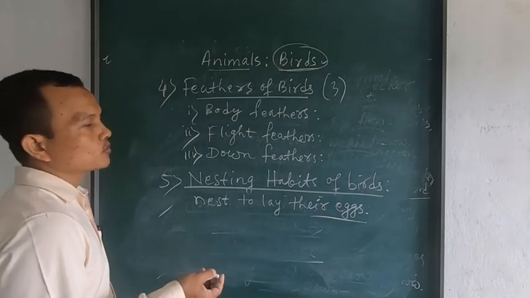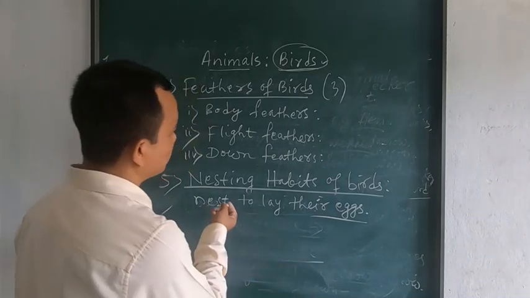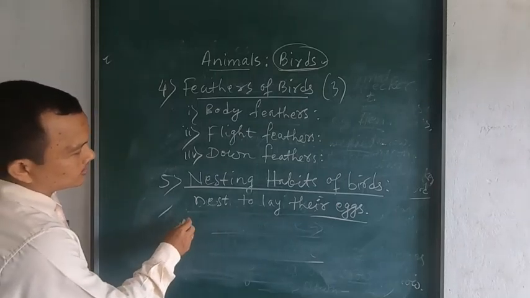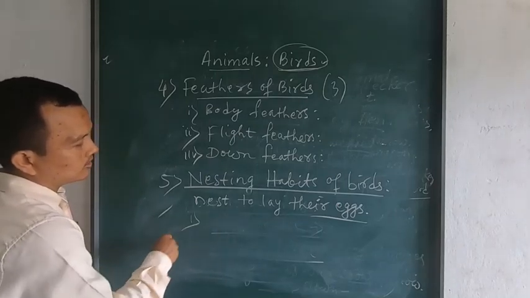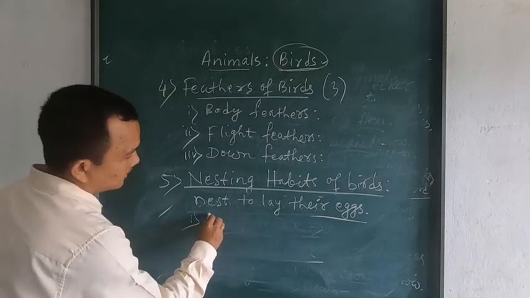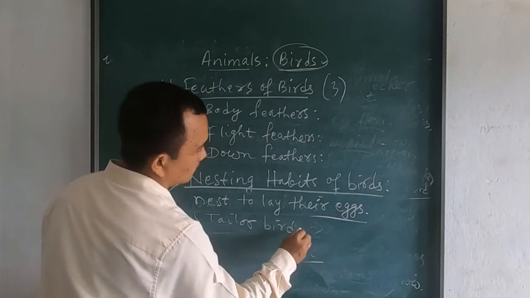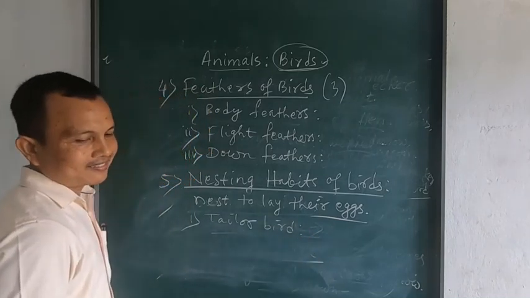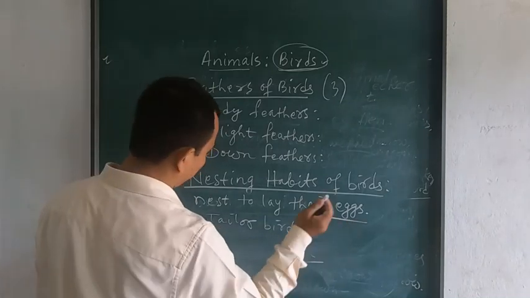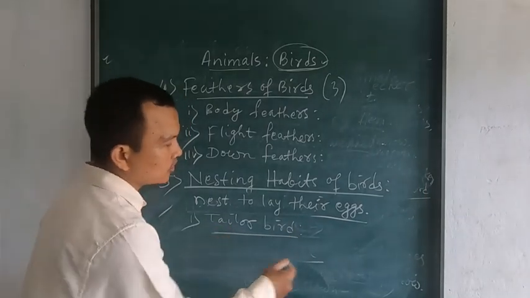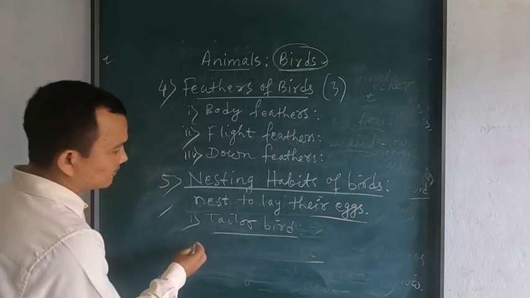With the help of those things, birds build their nests. And to cite a few examples, tailor birds, they use what? They use thread and wool to build their nest by stitching with the help of their beak.